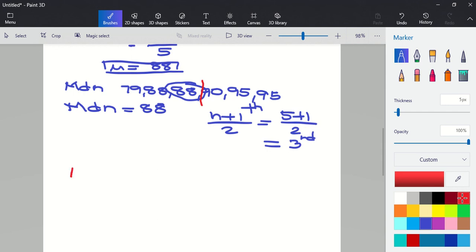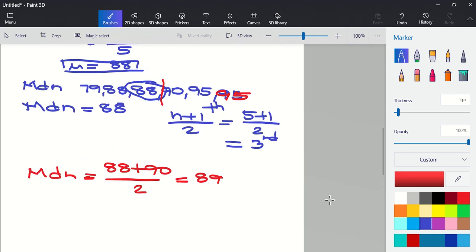So for the second case, our median is equal to 88 plus 90 divided by 2. In other words, we will just get the average of the two scores in the middle. So 88 plus 90 divided by 2 is 89. That is our median for the second case, in case we have 95 as an additional score.